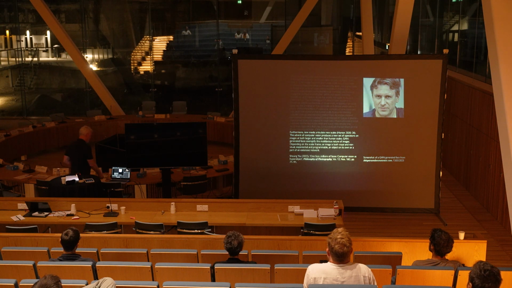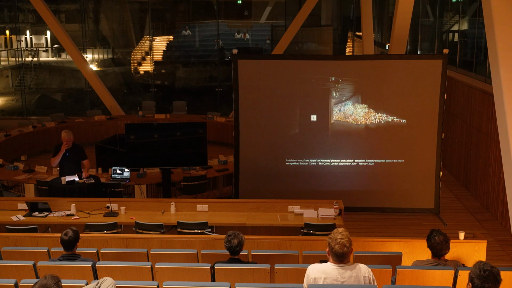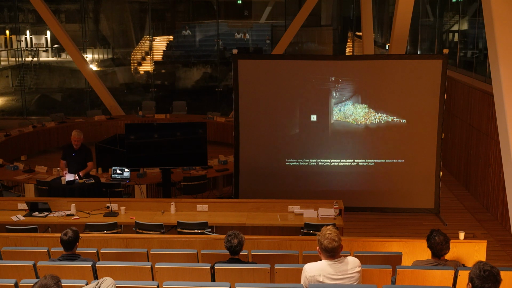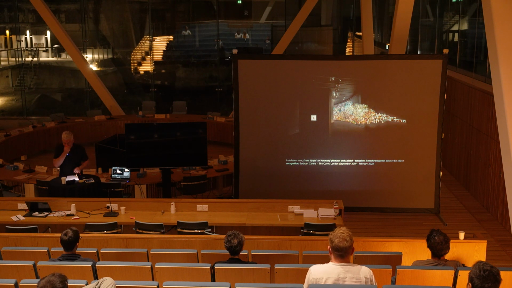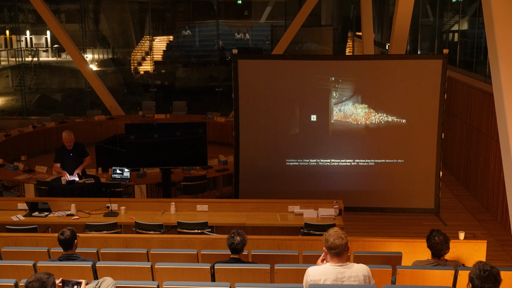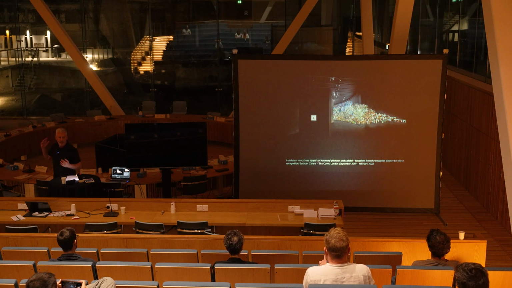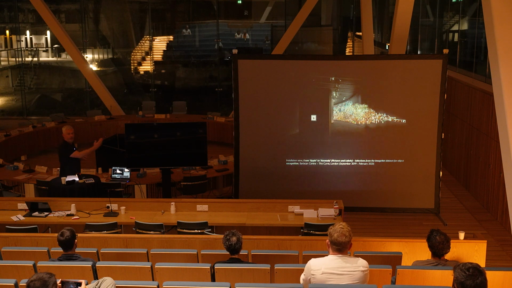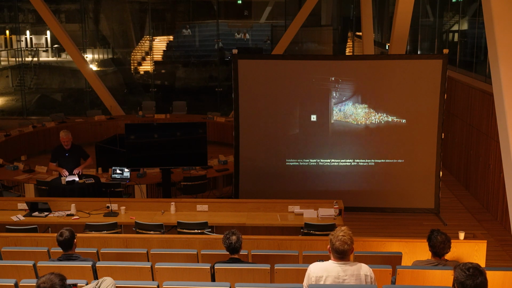So, we're looking at an installation shot of Trevor Paglen's work From Apple to Anomaly, Pictures and Labels, Selections from the ImageNet Dataset for Object Recognition, as installed in the London Barbican Gallery Curve. It's a huge, long, curved space, and we're looking at one end of this photographic installation.